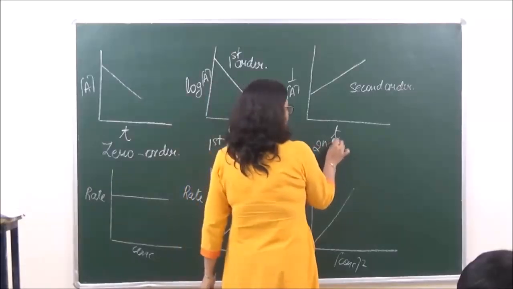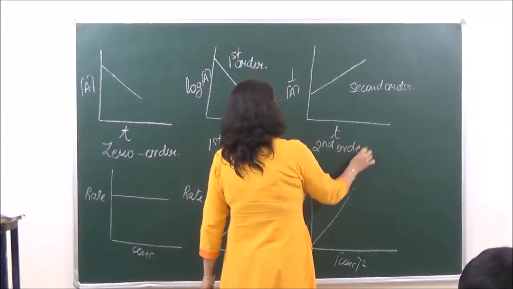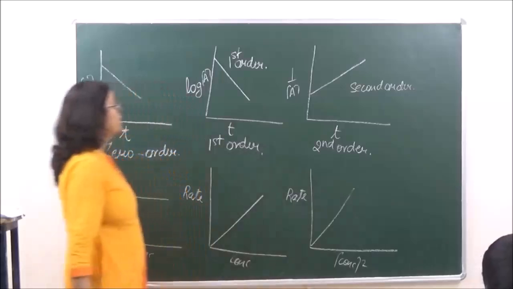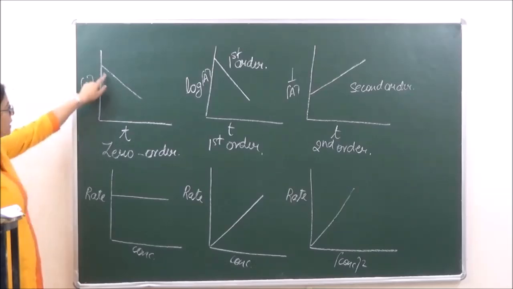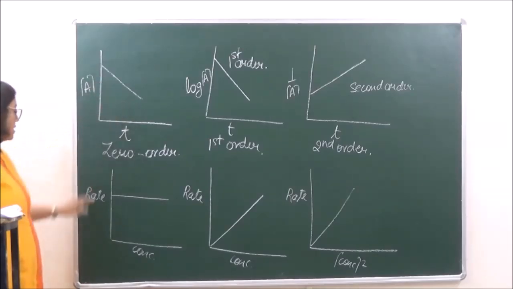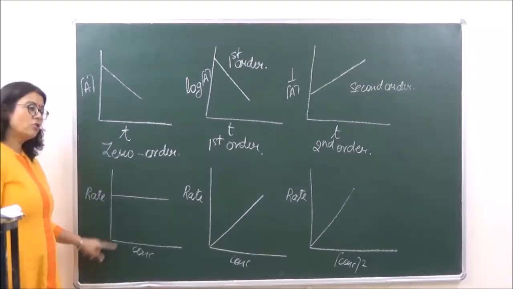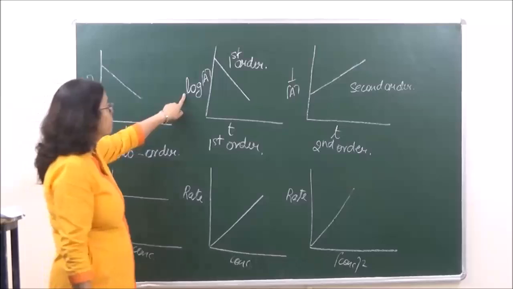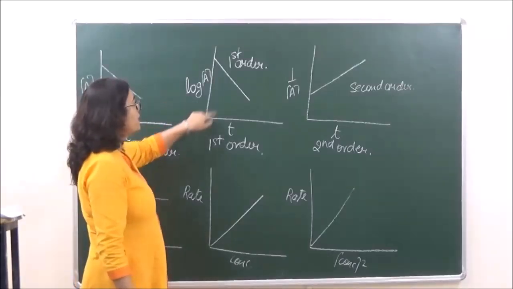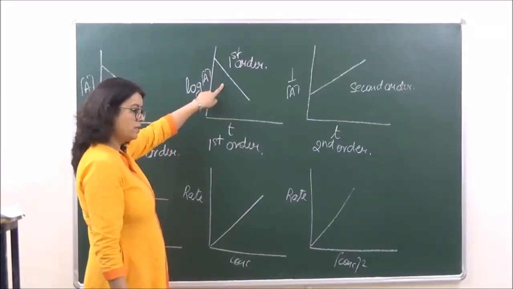So let's just do a comparative study. You can see over here that the graph we are plotting between concentration of A and time is coming as inverse. If we are plotting it with rate and concentration, then it is coming as a linear plot. Over here, if we are plotting it between log of A and time, then it is first order.